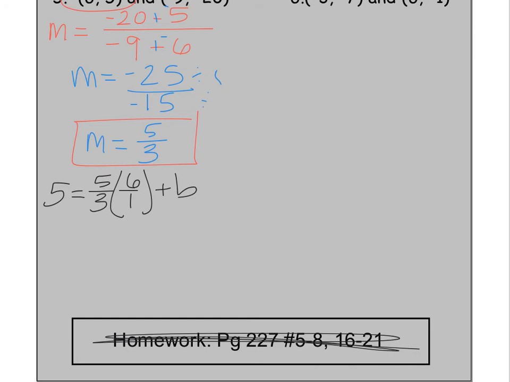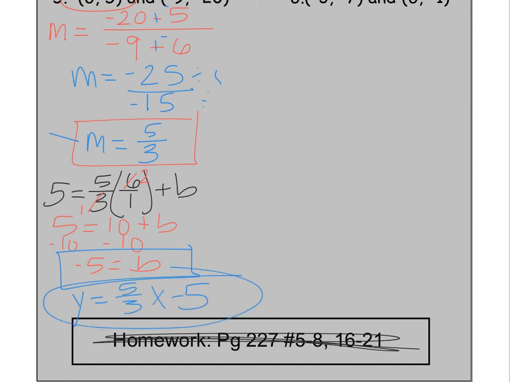Could do 30 over 3 is 10, or you can see that 3 goes into 3 once, and it goes into 6 twice. 5 times 2 is 10. Subtract 10 from both sides, and I get that b is equal to -5. So if I know b and I know m, I can plug in: y equals 5/3 x minus 5.